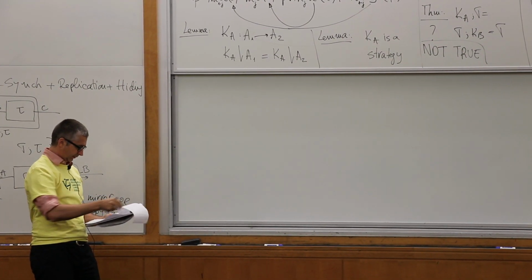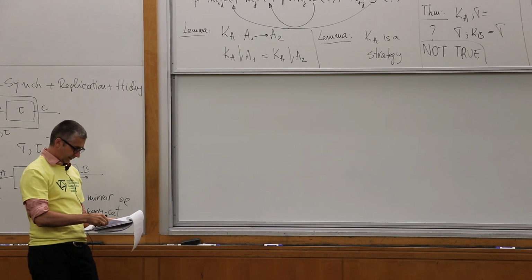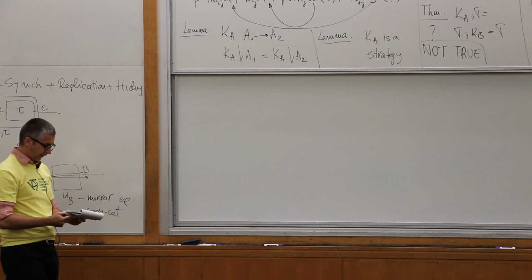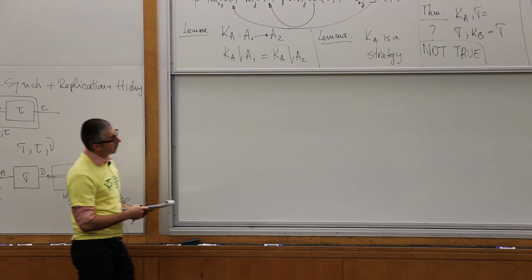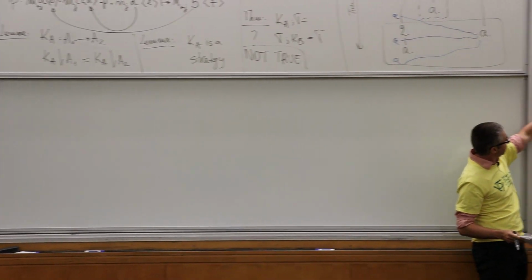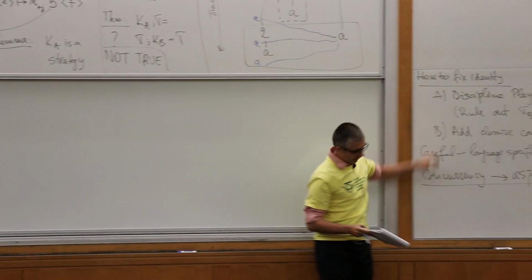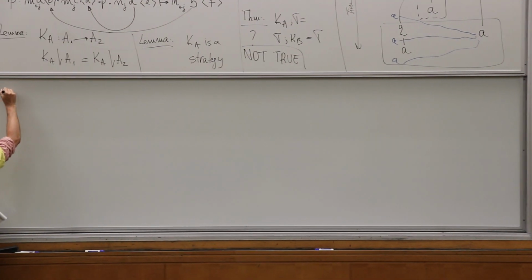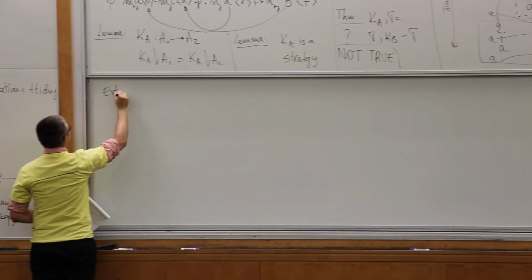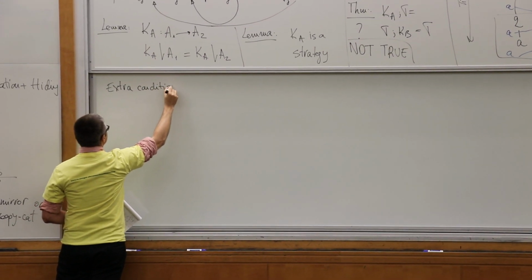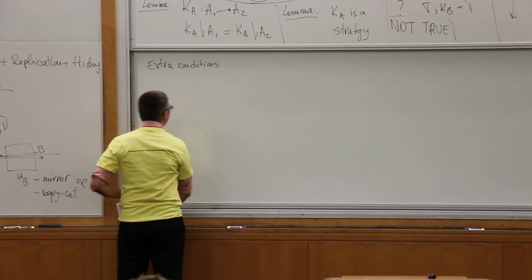So what are these conditions? And so let's look at both of them. There's going to be a condition here and a closure condition here. So the extra condition, it's only one.